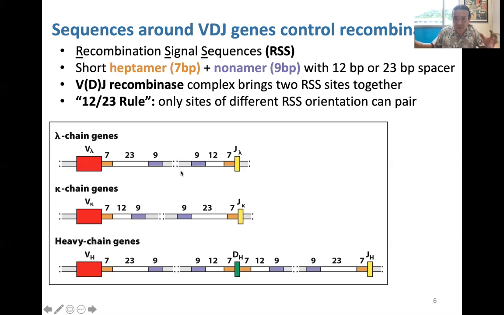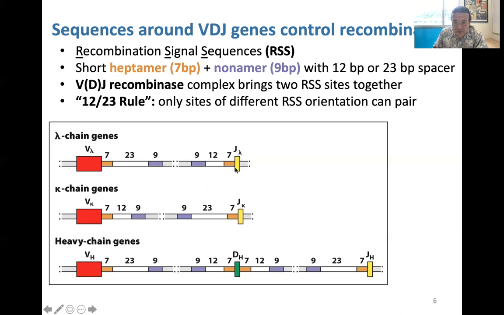But for our discussion of what's going to happen here, we're focused on these 2 spots, this particular red block that was chosen and this particular yellow block that was chosen out of the possible choices. You can see next to the red block, you would find that highly conserved heptamer DNA sequence, then 23 random base pairs of DNA that could be anything, then that highly conserved nonamer, 9 base pairs.